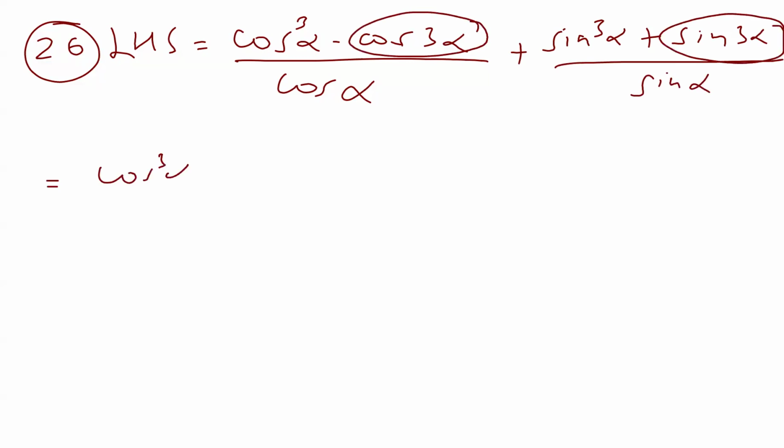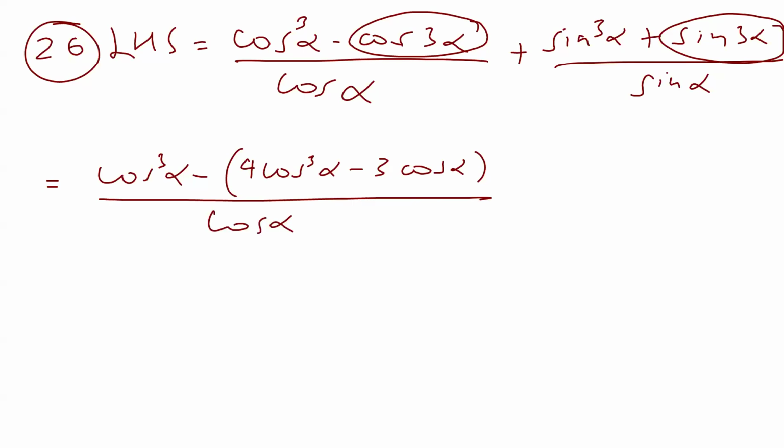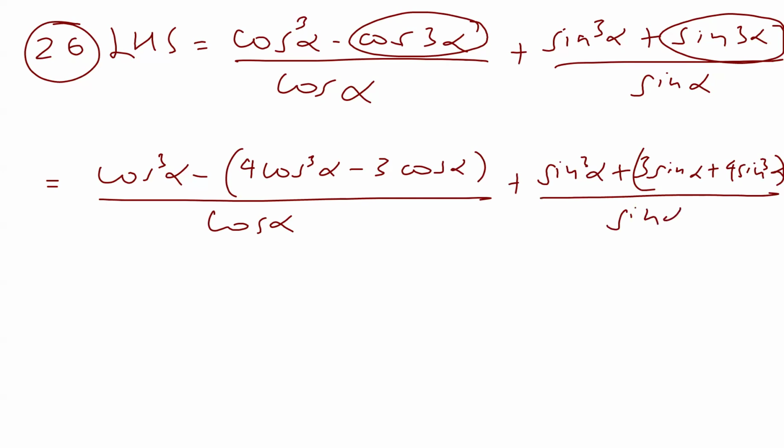So this will be cos cube alpha minus 4 cos cube alpha minus 3 cos alpha upon cos alpha, plus sine cube alpha plus 3 sine alpha plus 4 sine cube alpha upon sine alpha.